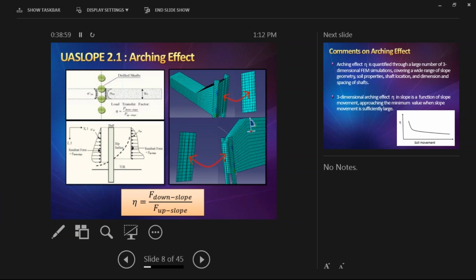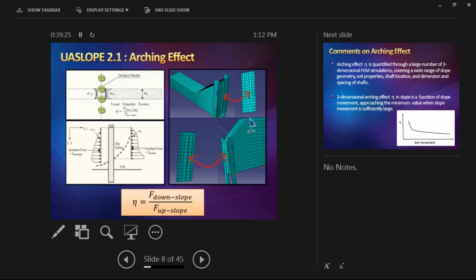And finite element will give you the stress distribution. Here we look at the horizontal stress. And on the lower left diagram, there's a vertical section where you can see the stress distribution on the upslope side of the drill shaft and on the downslope side of the drill shaft.